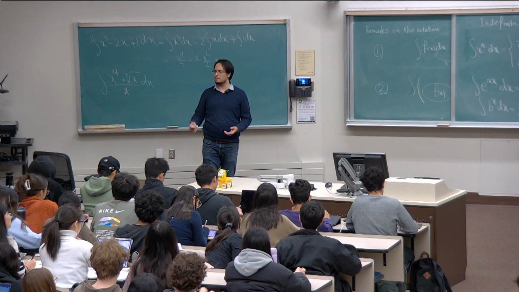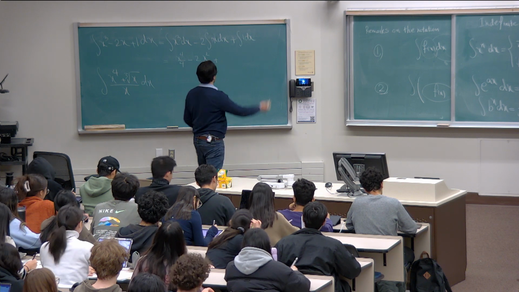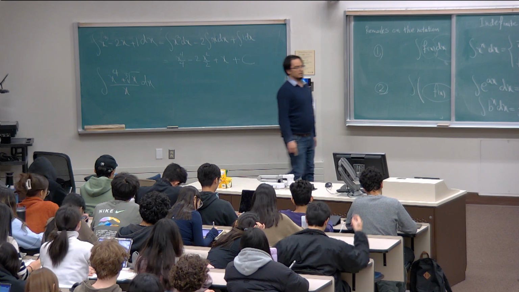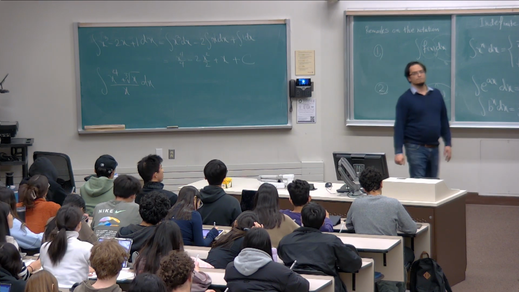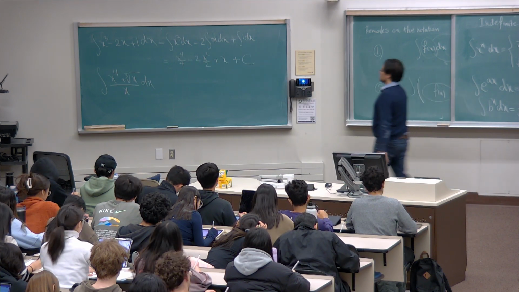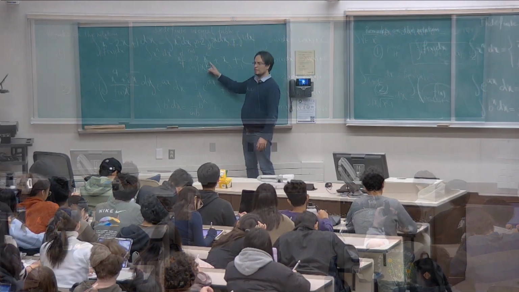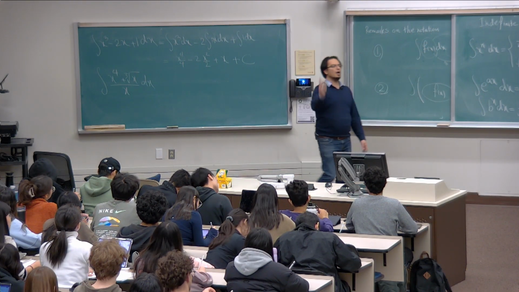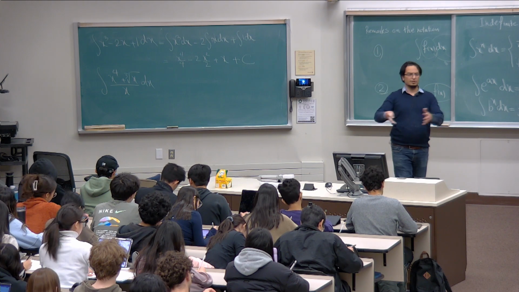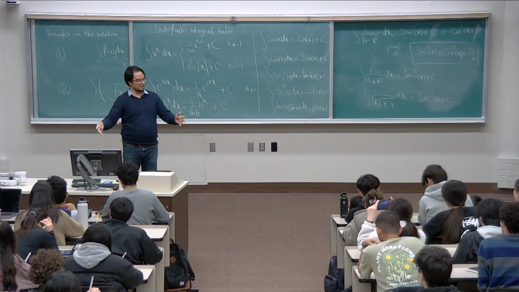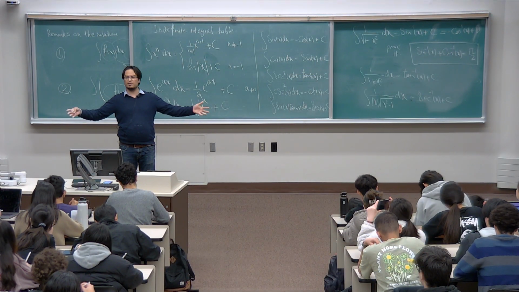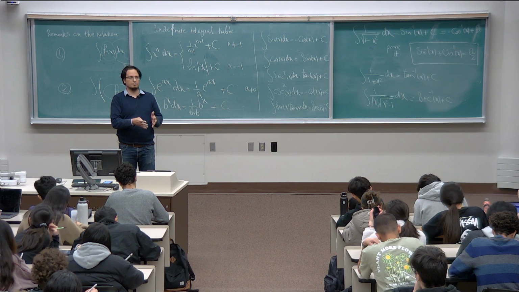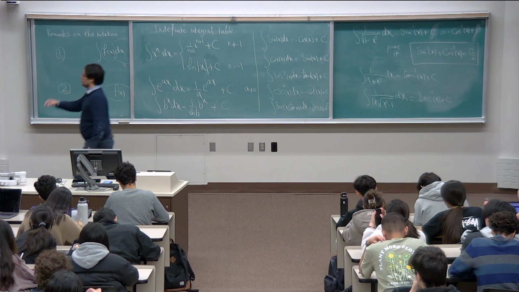You can see it as x to the power 0 and apply that rule, and then plus c. Quick question: do I need to write 1c for this, 1c for that, 1c for that? The answer is no, you don't, because they're just arbitrary constants. If you have 10 arbitrary constants, you add them all in one, and it will become an arbitrary constant. So you don't need to write separately.